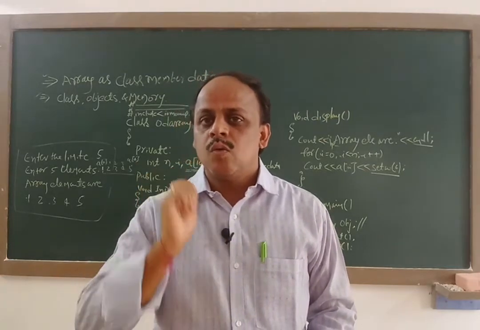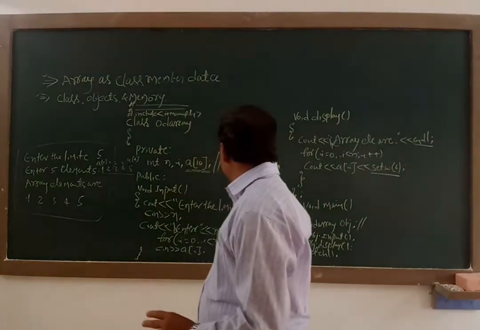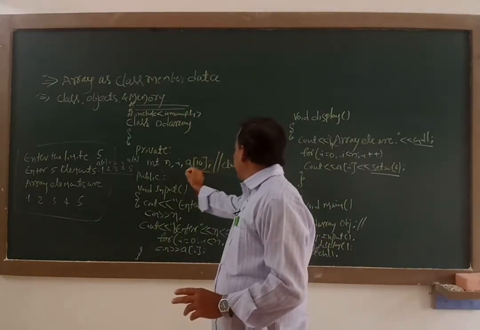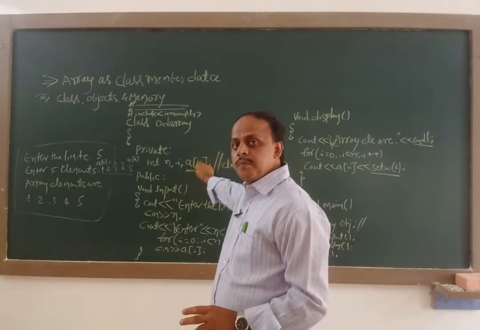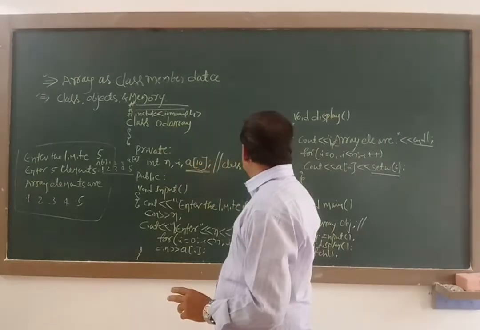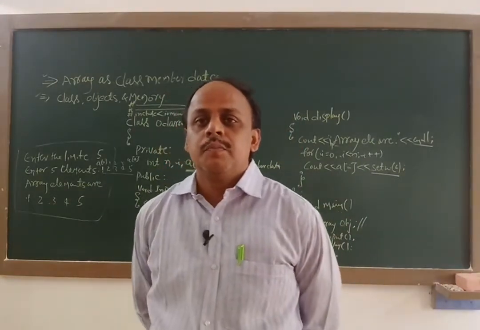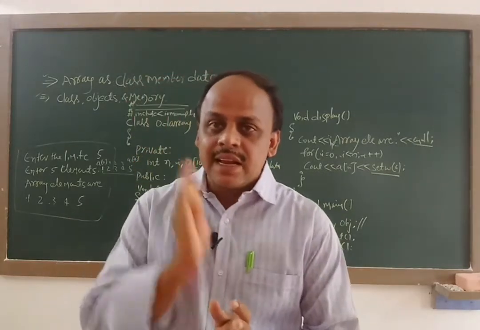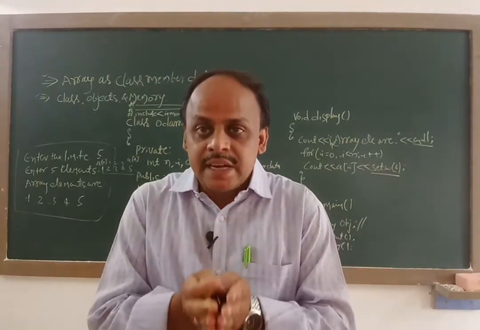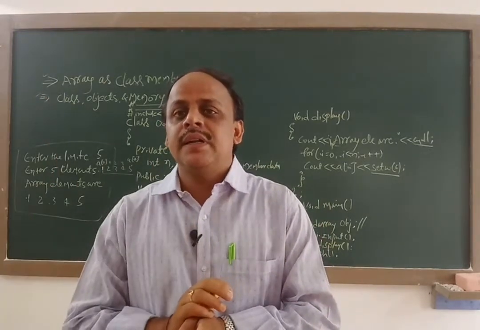Here, what we learned new is that we can declare an array as class member data. Array as class member data means, simply, in the class we can also declare an array as member data.